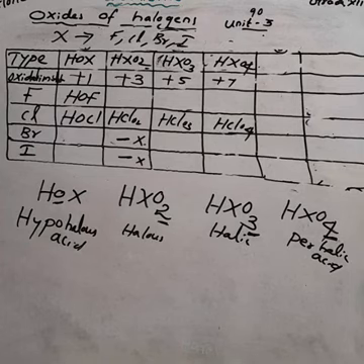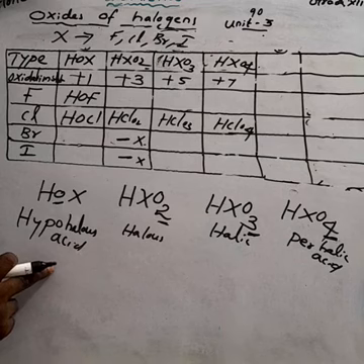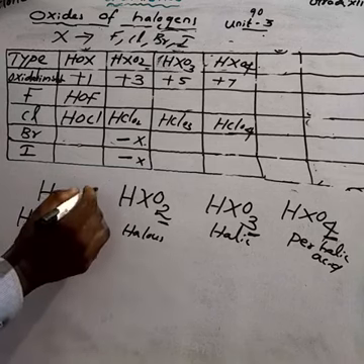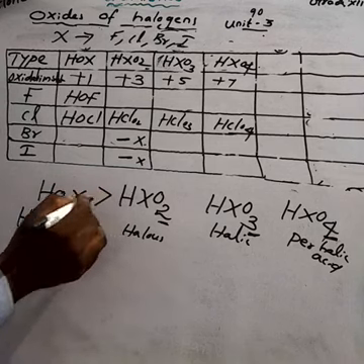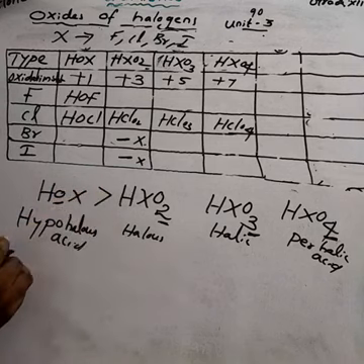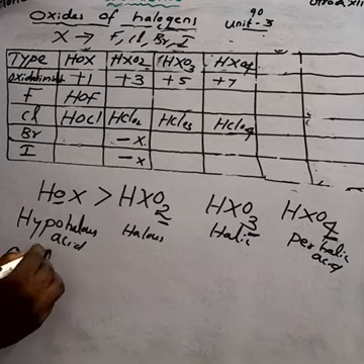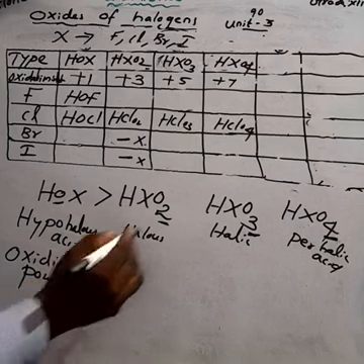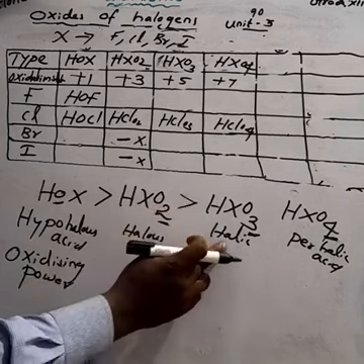The first one is hypohalous acid. The oxidizing power of hypohalous acid is greater than halous acid. The oxidizing power of halous acid is greater than halic acid.